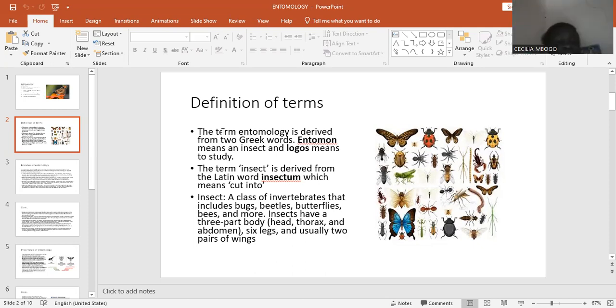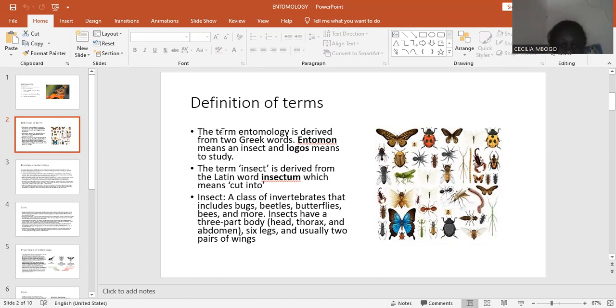Okay, thank you. So in this unit, we are mostly going to know what the insects are, and their classification. Majorly we want to focus on the insects. This unit is only about the insects.